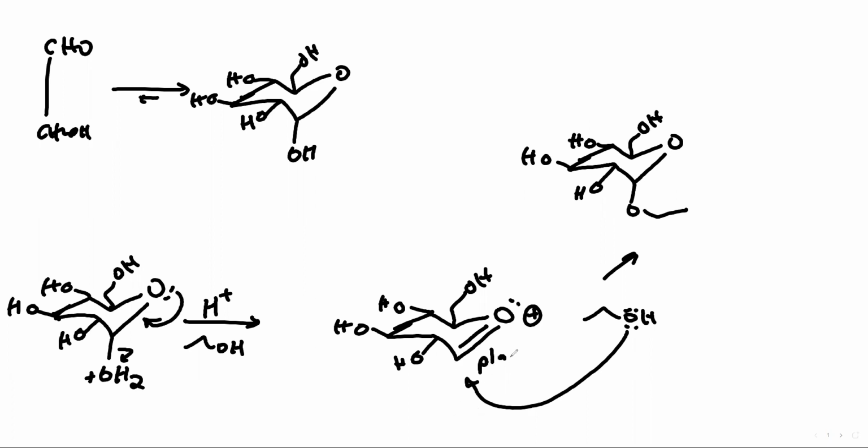This here is planar. Okay. So not only do I get the alpha anomer, but I also get the beta anomer as well. I have no idea. Maybe there's an inherent preference. I won't know. I absolutely do not know. At least you guys don't know either. So I get two anomers out of this reaction, the alpha anomer and the beta anomer.